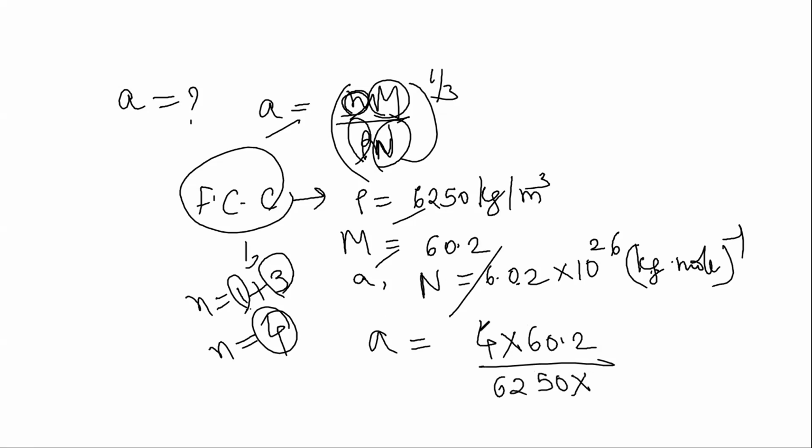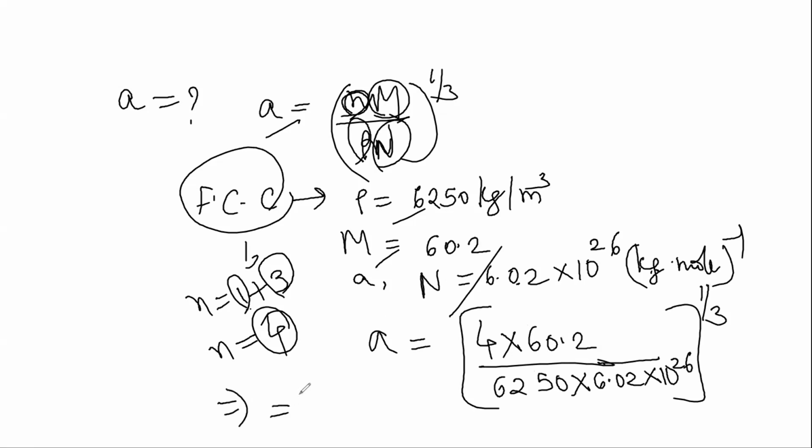6250 into what is N? 6.02 into 10 power 26, right? Whole power 1 by 3. Okay. Now what I'll get? Implies that is equal to 4 into 6.02.